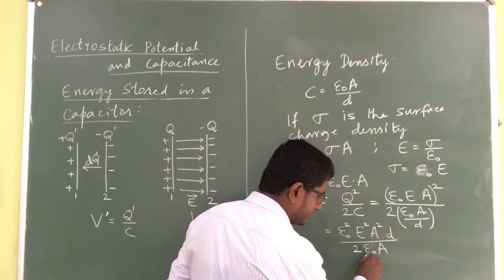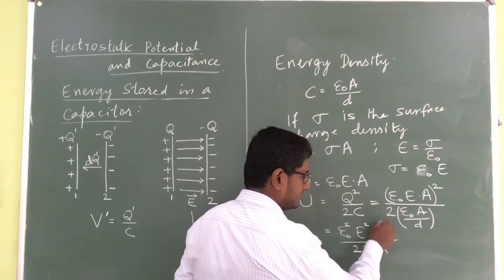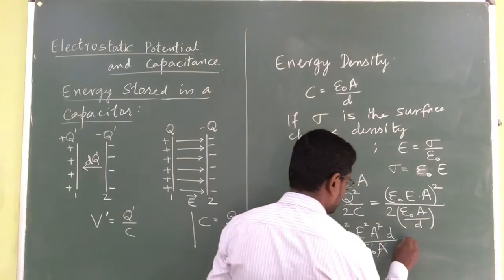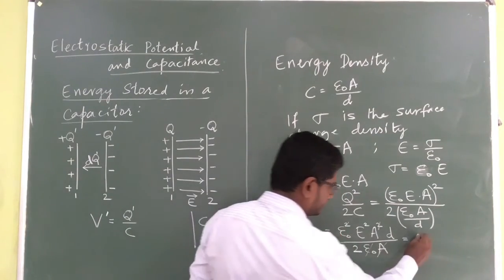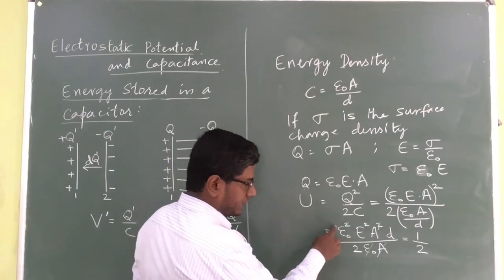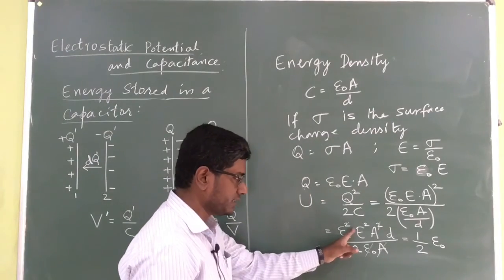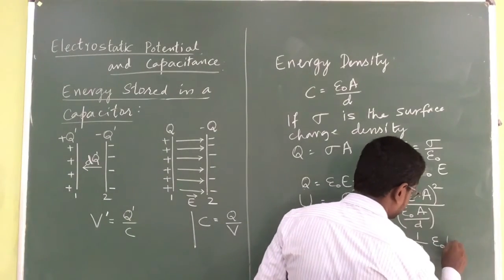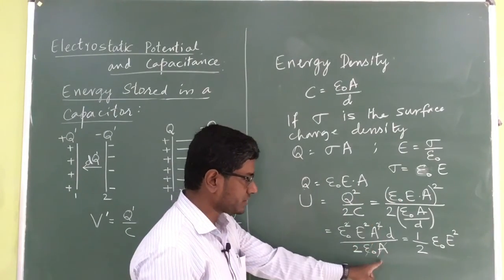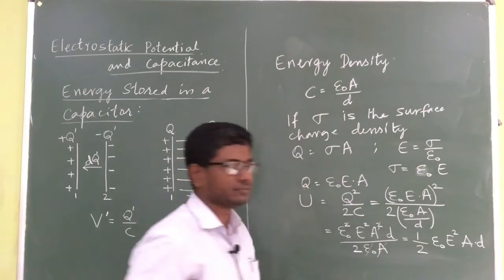One epsilon naught goes out, and area is squared in the numerator, so one A goes out. First of all, I will take care of this 1 by 2. Then 1 epsilon is gone, 1 epsilon naught is left. Next is E square, that is the electric field square. A was squared, 1 is gone, 1 A is left. And at the end, there is a D.